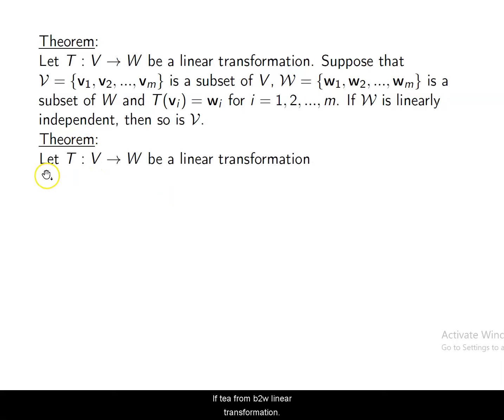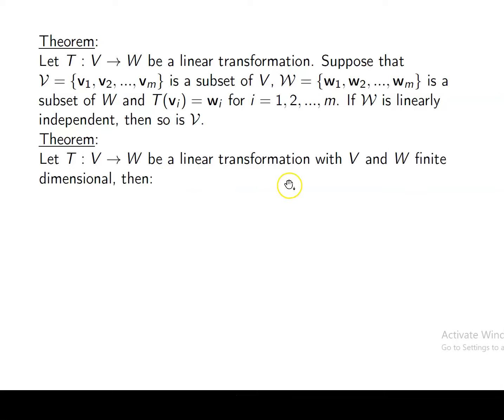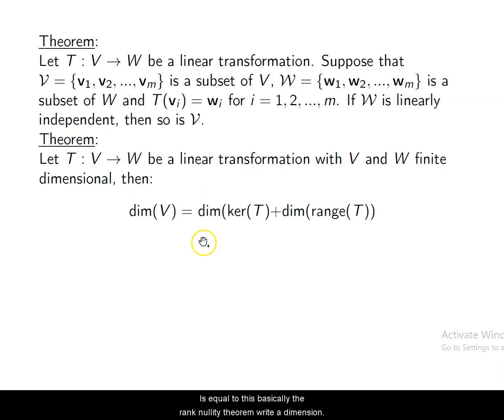Theorem. If T from V to W is a linear transformation with V and W finite dimensional vector spaces, then the dimension of V is equal to, this is basically the rank-nullity theorem, right?